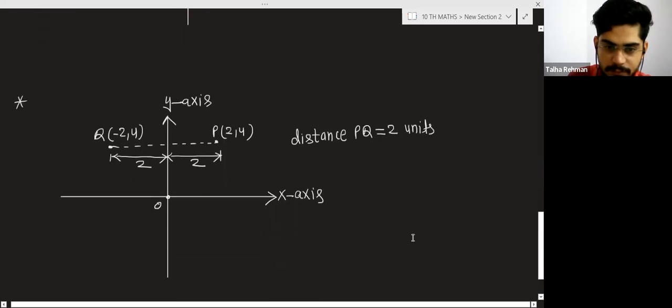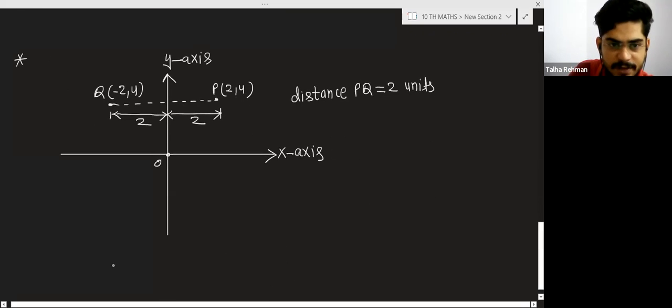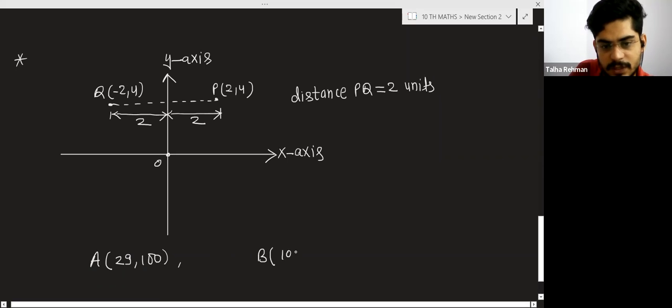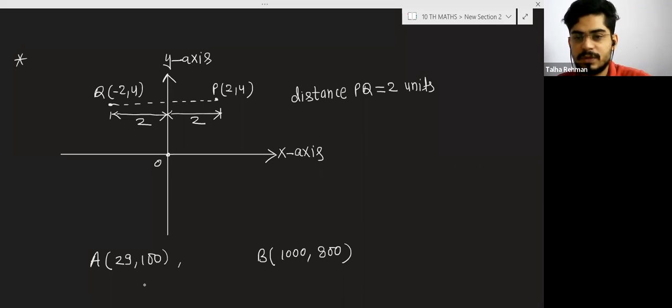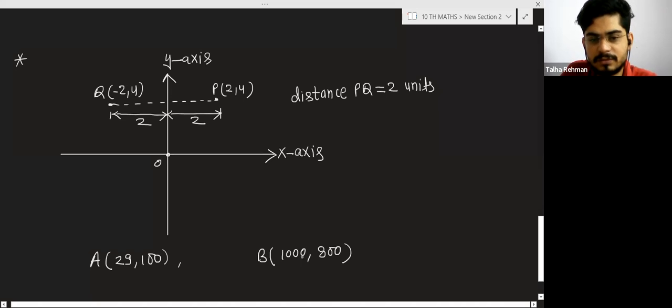But if someone is saying find the distance between point A, given as 29, 100, and point B, given as 1000, 800, and we don't know the location of the points on the graph, and these are very big numbers compared to this.